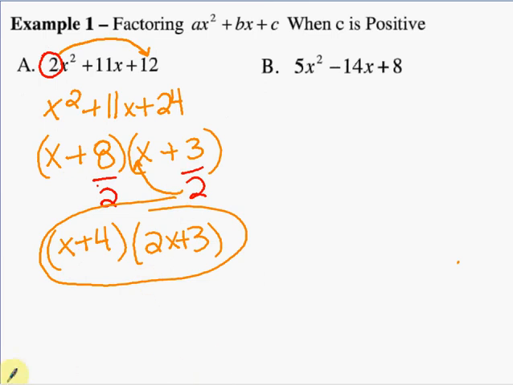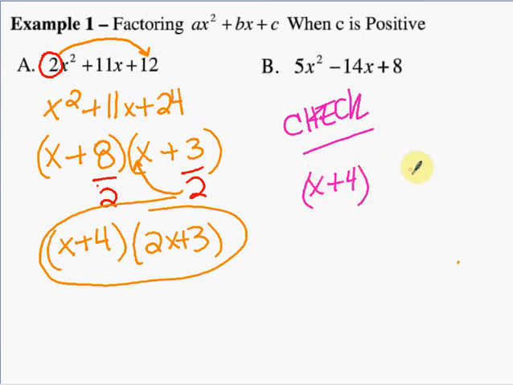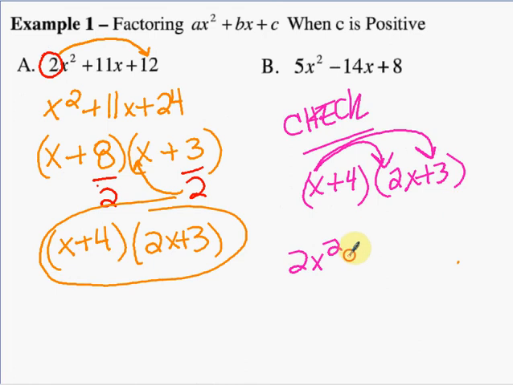Now I could always check it. We'll check it in pink over here. This is my checking work to make sure that I have the right answer. So we have that quantity times this quantity. That is 2x squared. That arrow is 3x.